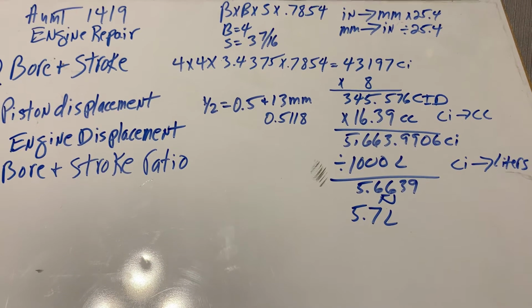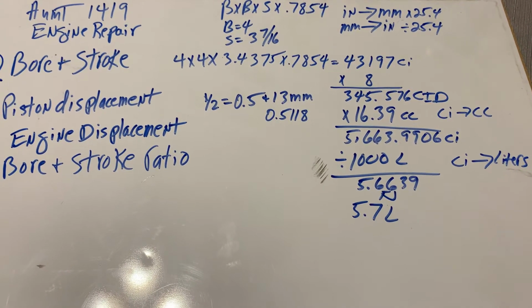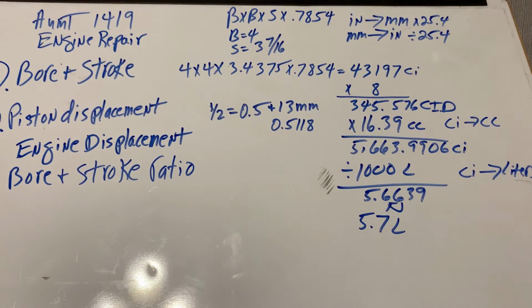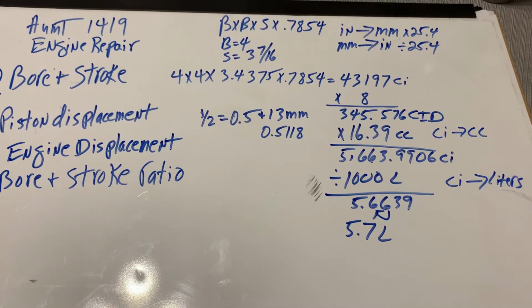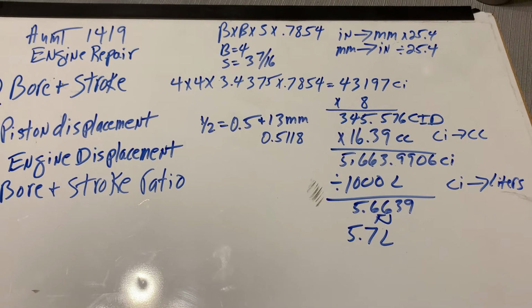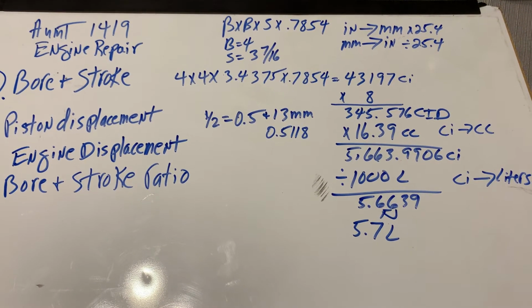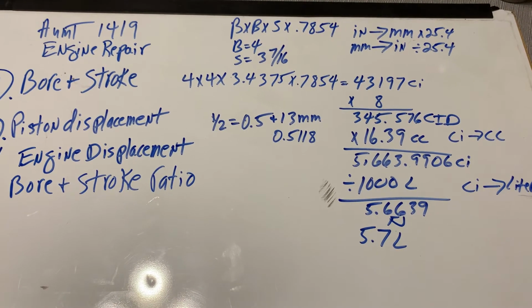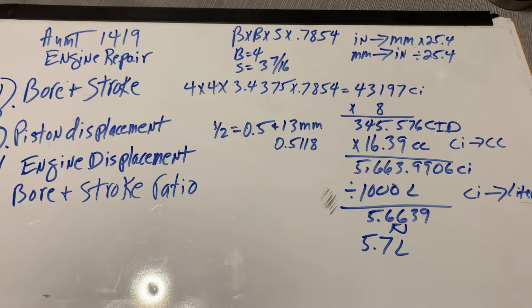And that gives us 5.6639. And then we can round that off to a 5.7 liter engine. So that's kind of what it looks like as far as the conversion for engine displacement, converting it from where we used to be in cubic inch displacement, now into liters.